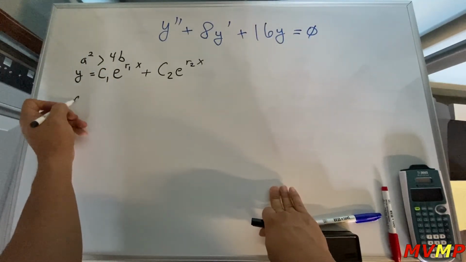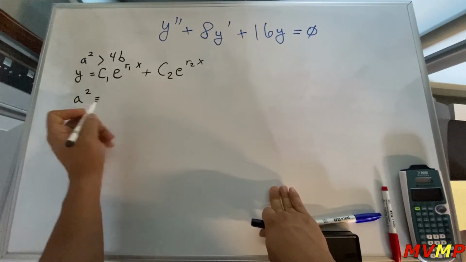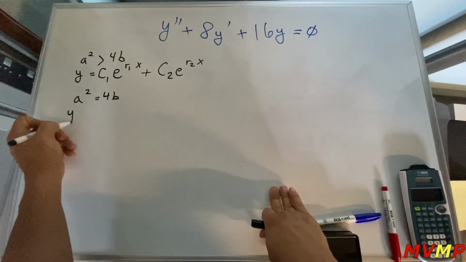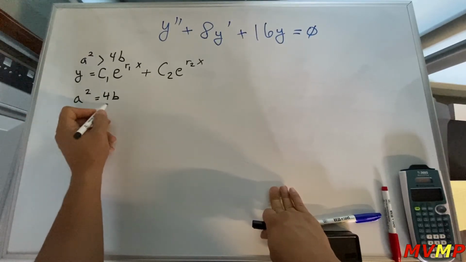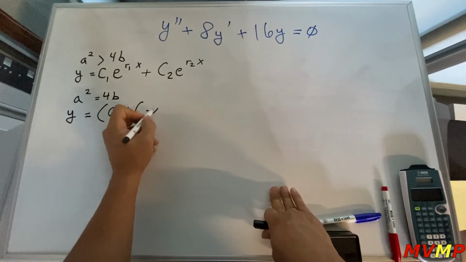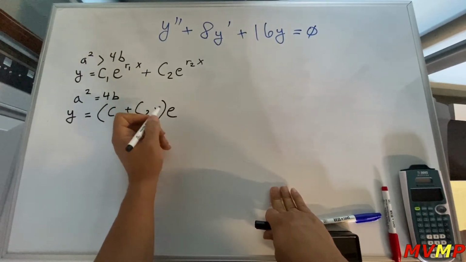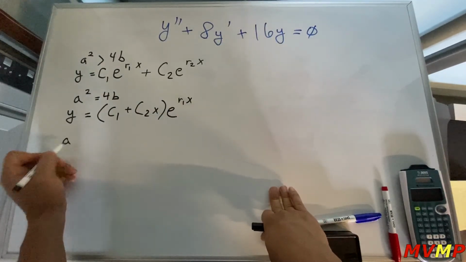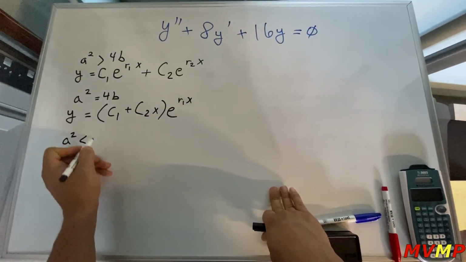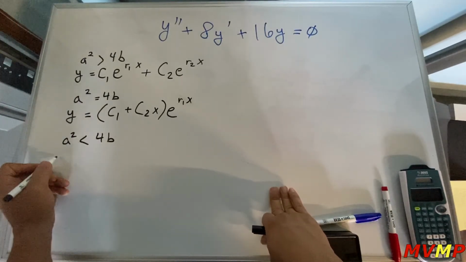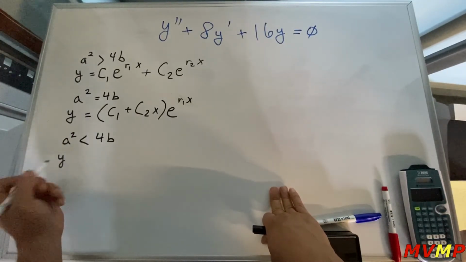Now for a case where it is critically damped, the equation is y equals (c1 plus c2 x) e^(r1 x).